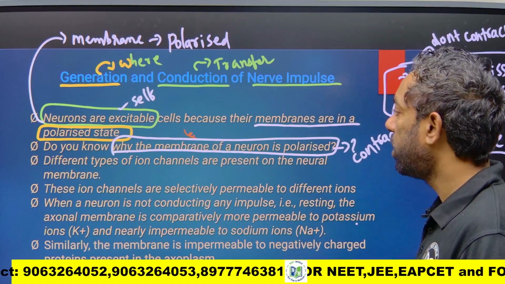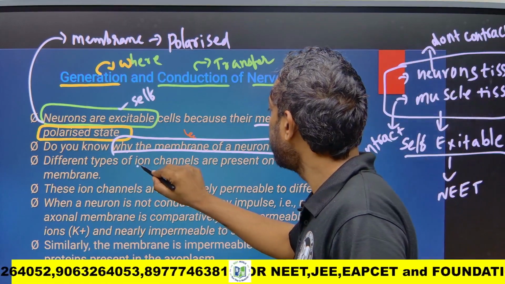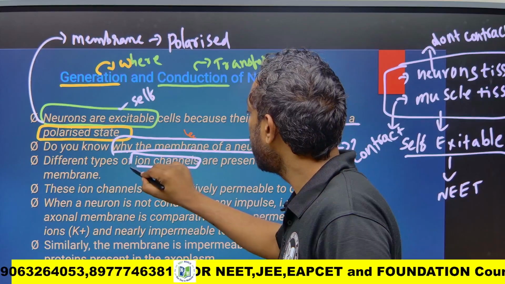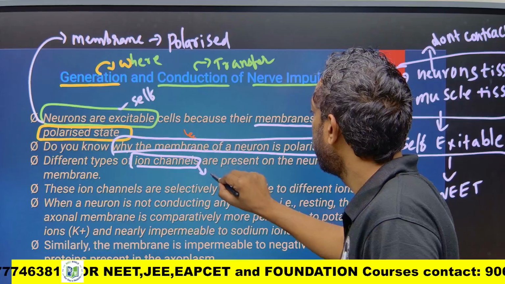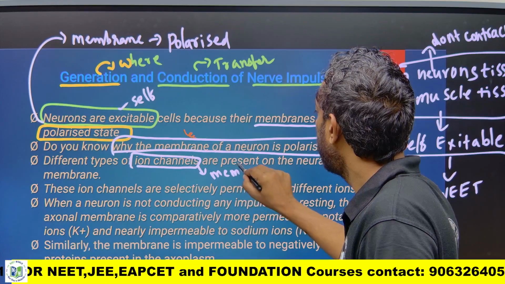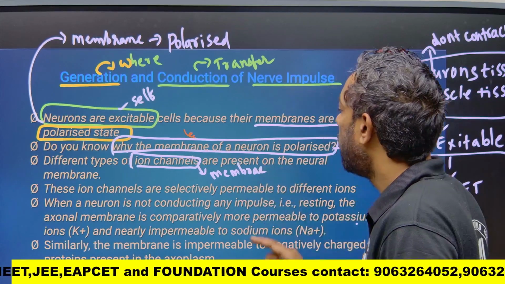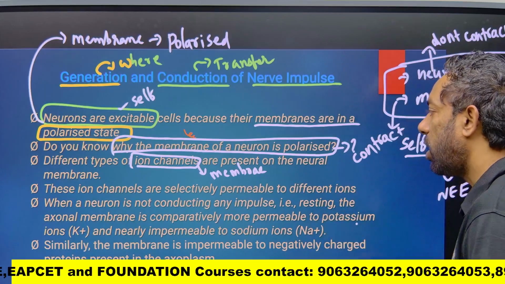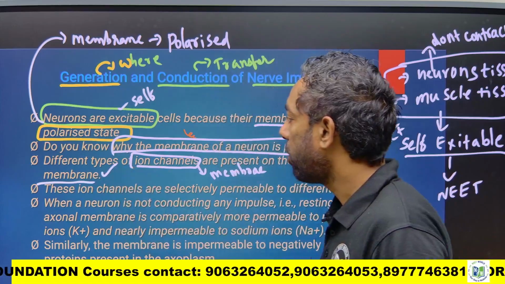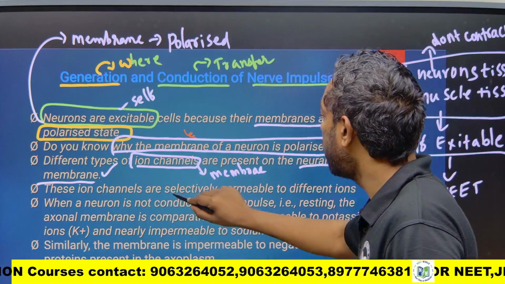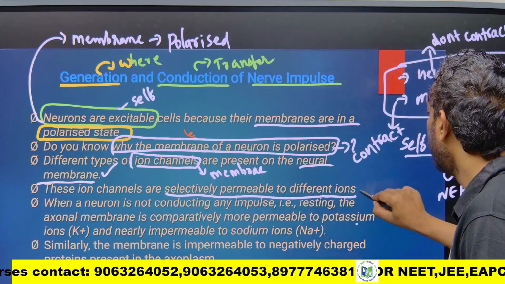The answer is that different types of ion channels are present in the neural membrane, and these ion channels are selectively permeable.